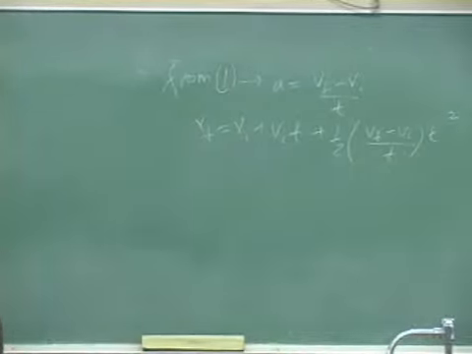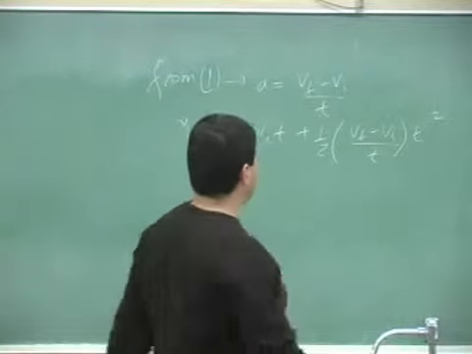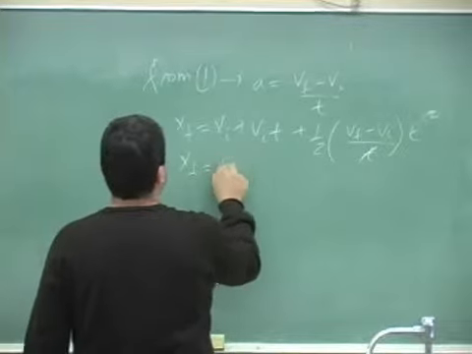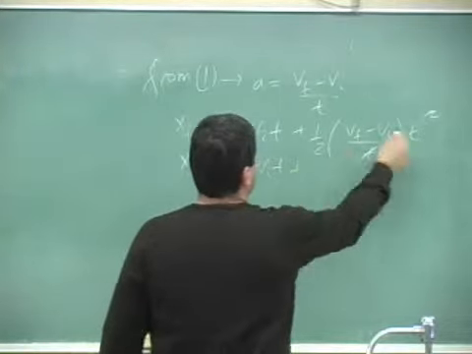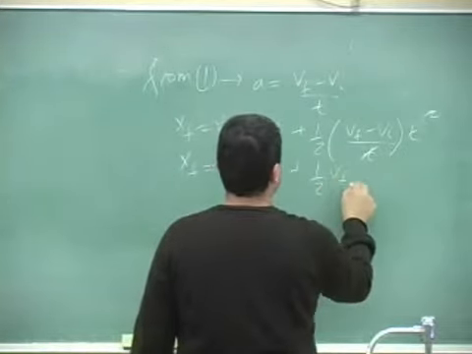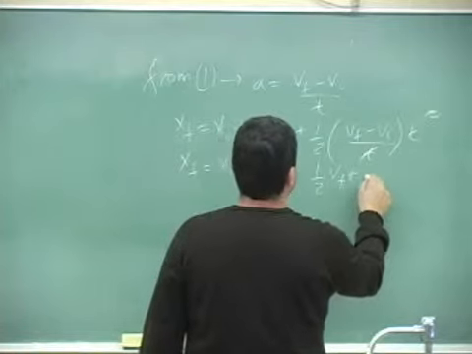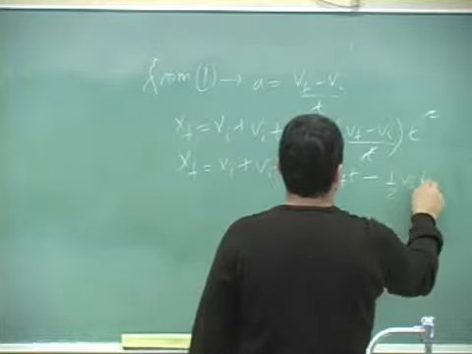So x final equals x initial plus, so I substituted A into the second equation, and then one of the t's cancels, and I'm left with x final equals x initial plus v initial t plus, and then here you can multiply this in, half v final t minus half v initial t.